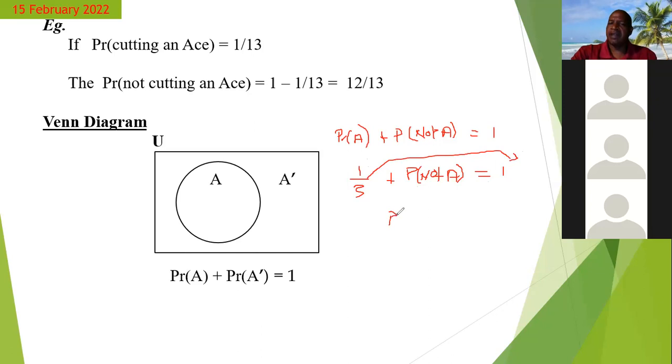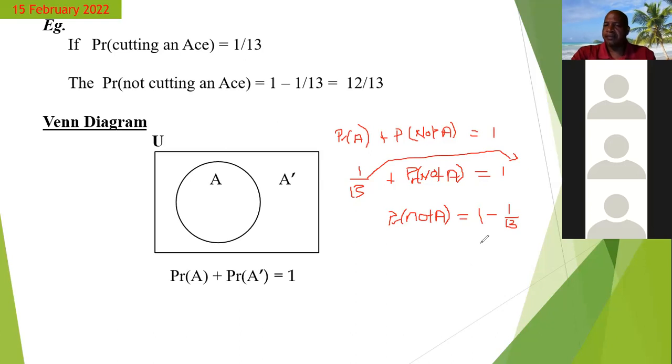So the probability of not getting an ace would be equal to 1 minus the probability of getting an ace, which is 1 over 13. All right. And so all we need to do now is to calculate what is on the right-hand side of the equation.